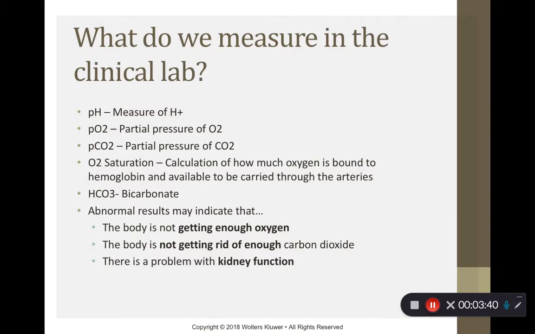Okay, so what do we measure in the clinical lab? We measure the pH, which is a measure of hydrogen ions. We measure PO2, which is the partial pressure of oxygen, and PCO2, which is the partial pressure of carbon dioxide. We also measure O2 saturation, which is done by a calculation of how much oxygen is bound to hemoglobin and available to be carried through the arteries.